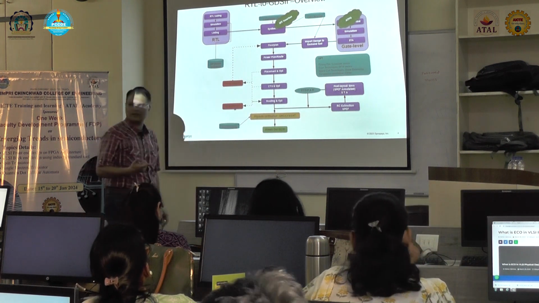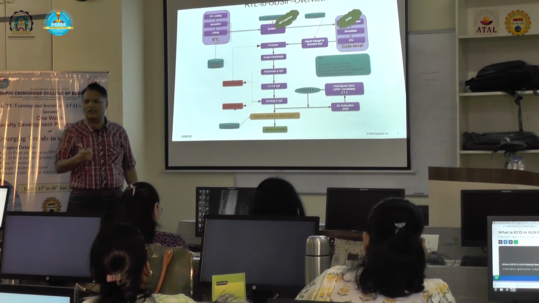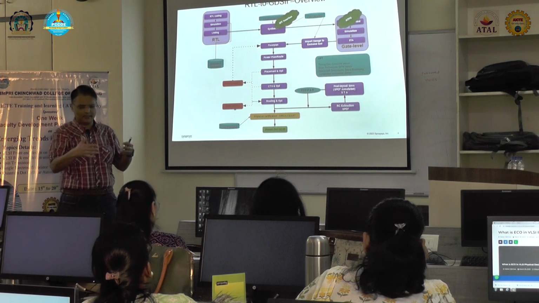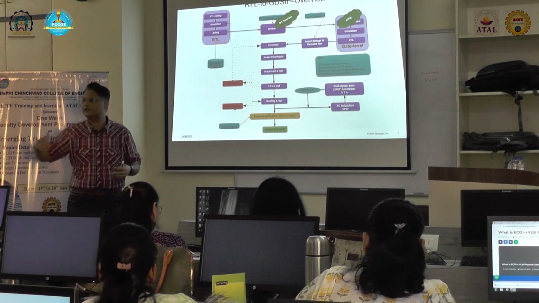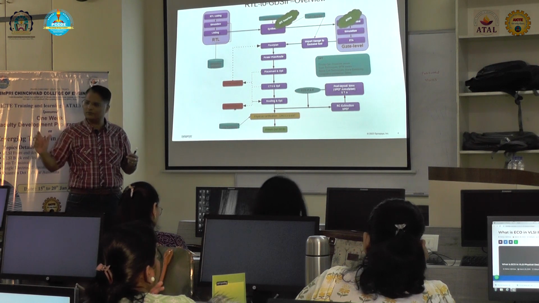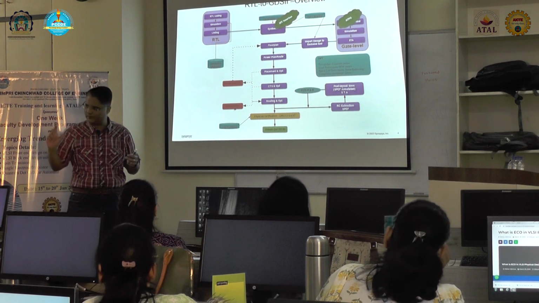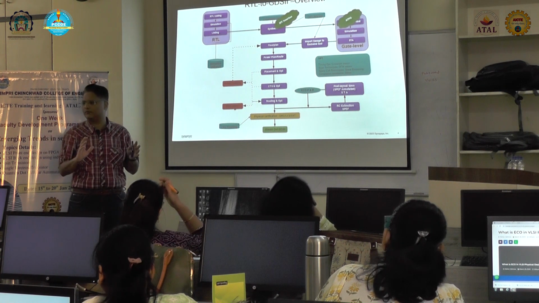ATPG is automatic test pattern generation. You generate some test patterns at the input and it will generate some output patterns, and those patterns are verified to make sure the output is correct.